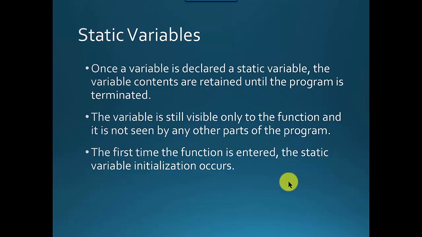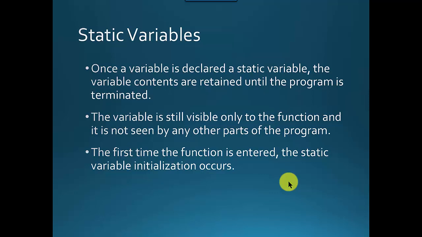Another type of variable are static variables. Once a variable is declared as static, the variable is retained until the program terminates. So normally when you leave a function, all the variables in that function are garbage collected and thrown away. So you don't get to retain the values from one call to the next.